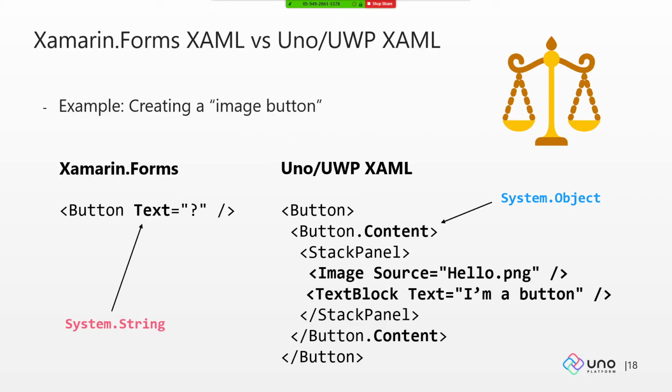And now for a comparison to see what the difference is between Xamarin.Forms and Uno Platform's XAML, I've chosen the example of an image button, which is a common thing you want to do when you want to display a button that has not only text but also an image.